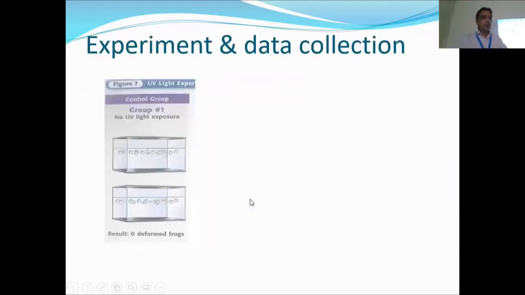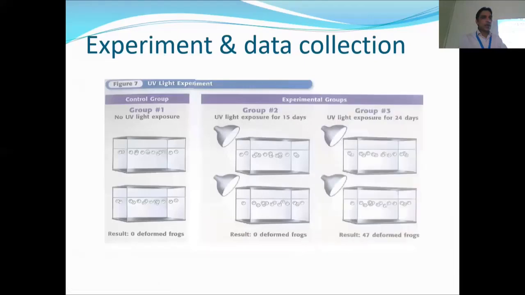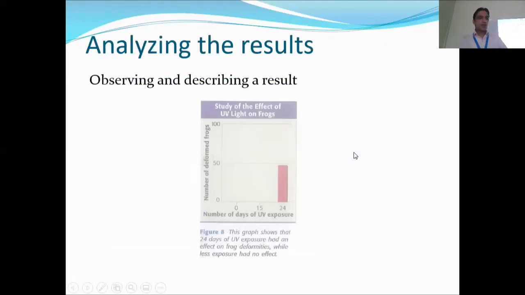Analyze the frogs. After that, grow them in these 3 different conditions: the first without ultraviolet radiation, the second with ultraviolet radiation using a lamp for 15 days, and then for 24 days. And these are the results you can see. The first group, which was not given any ultraviolet radiation, had no deformed frogs. No deformities were there. As expected, control group. The group of frog eggs placed for 15 days under ultraviolet radiation also did not show any deformities.